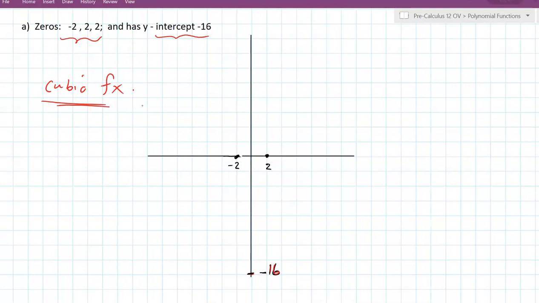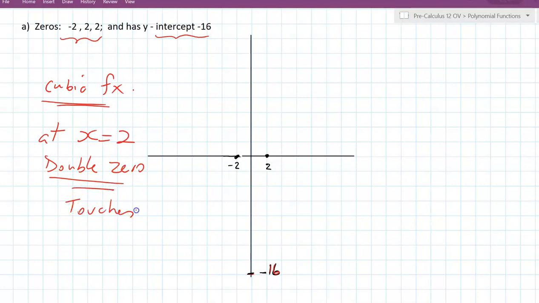Based on the information that we have, at x equals 2, the graph has a repeated or double zero, double roots. That means the graph touches at x equals 2 but never crosses it.